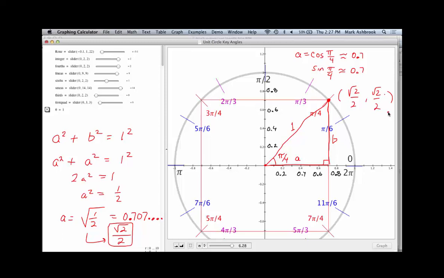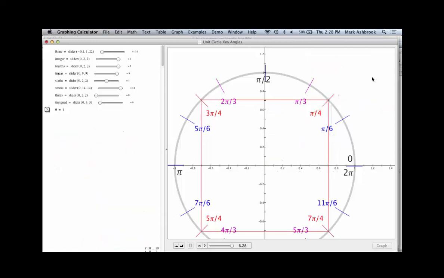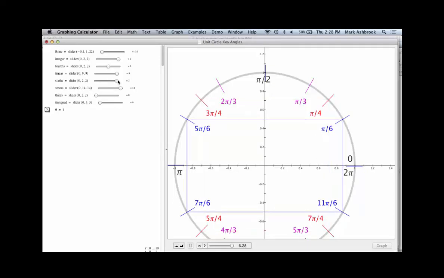Okay, so what about pi over 6? Can I erase what's up there? Any questions? All right, so what about pi over 6? Put you to work here. Let's first estimate the coordinates, or the cosine and sine.